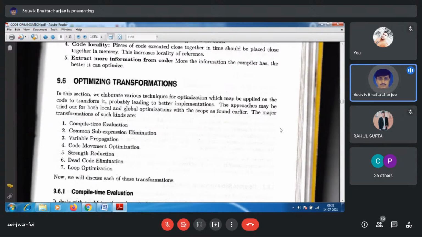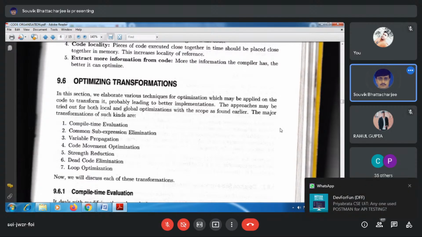And this is basically machine architecture independent. Sometimes you can use this concept for the machine dependent one as well as the machine independent one. But these are generic optimization techniques, and they are applicable to all similar types of programming languages.